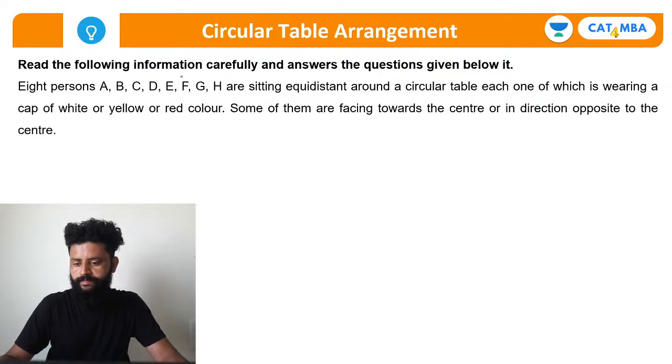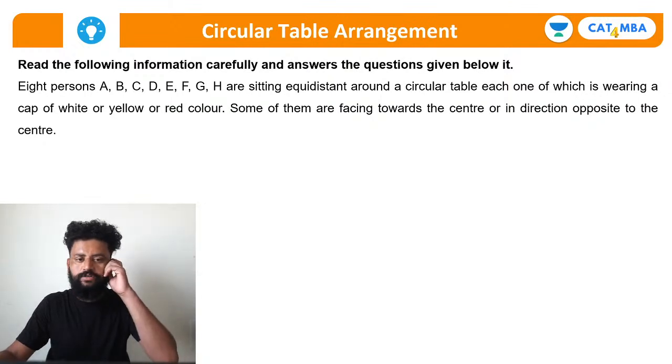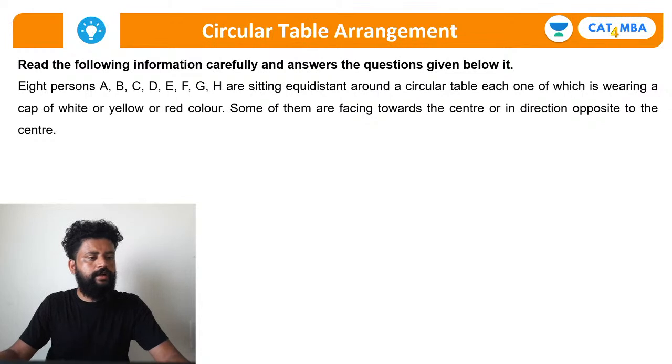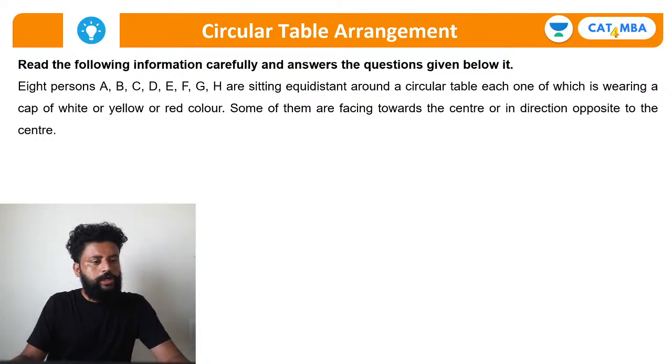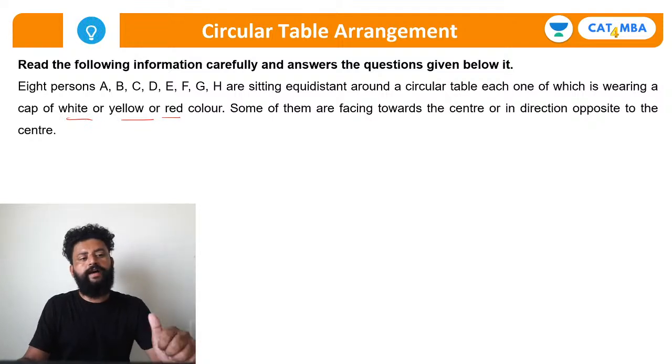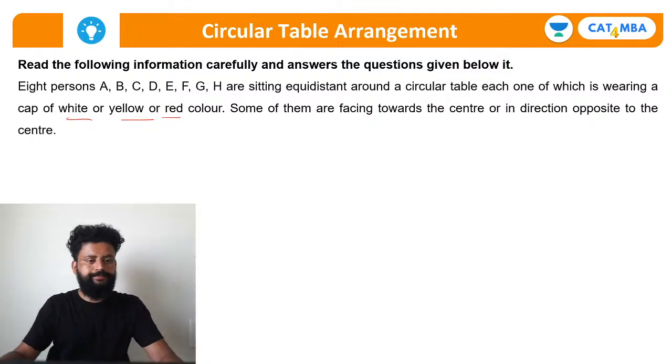Eight persons A, B, C, D, E, F, G, H are sitting equidistant around a circular table, each one wearing a cap of either white, yellow or red.